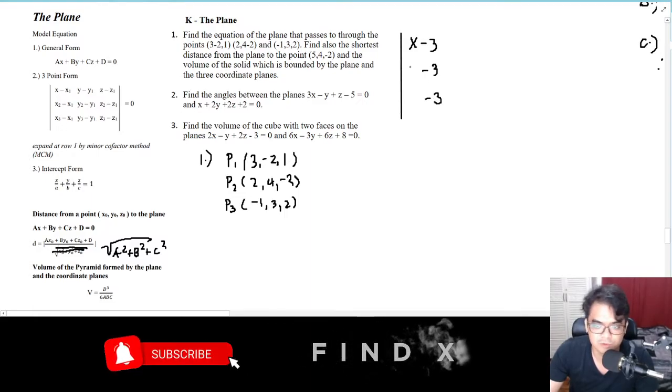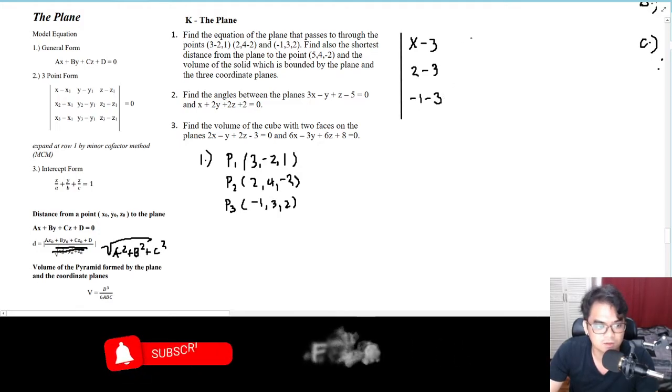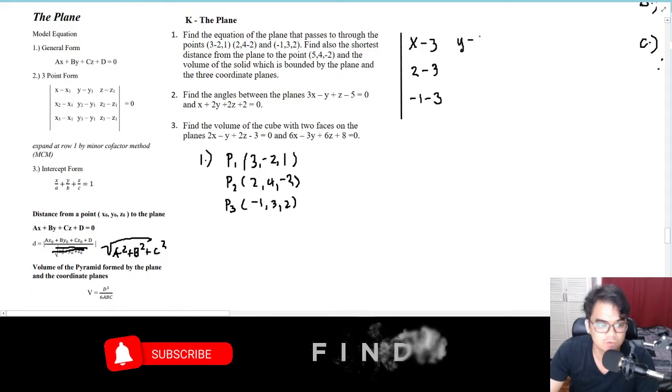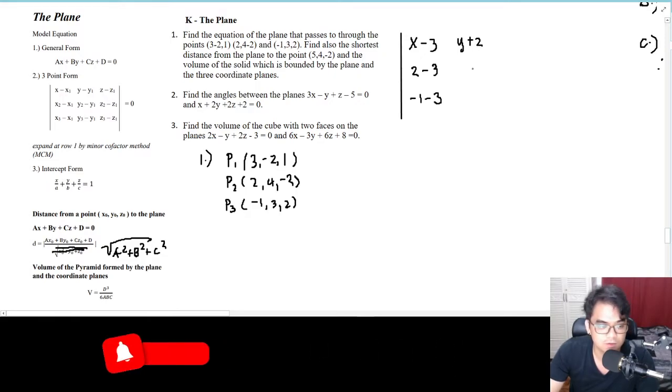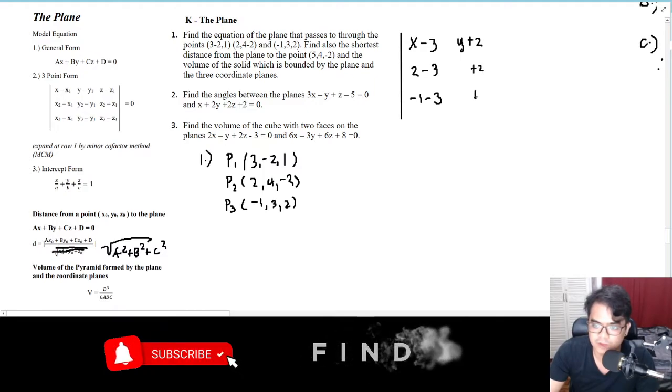Then x2 is 2 and x3 is negative 1. Next we have y minus y1. y1 is negative 2, so this will become positive, so this is plus 2, plus 2.